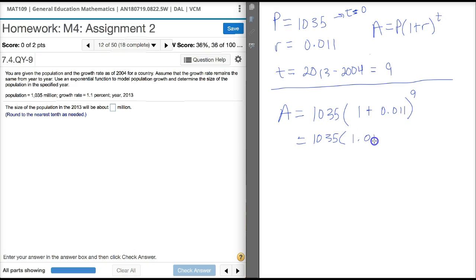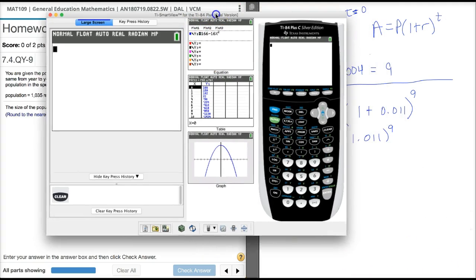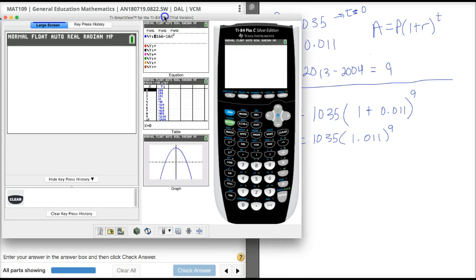This is 1.011, all raised to the 9. If you have a graphing calculator, you could type in the result this way. I'll move this over so that we can calculate it. So here we want to take this 1035 times 1.011 raised to the 9. If you have a graphing calculator, you can just do this directly.